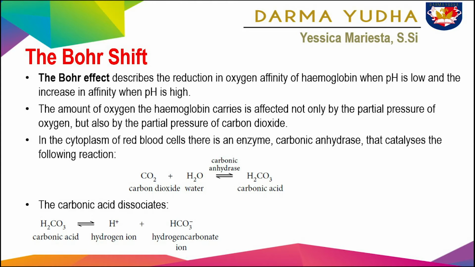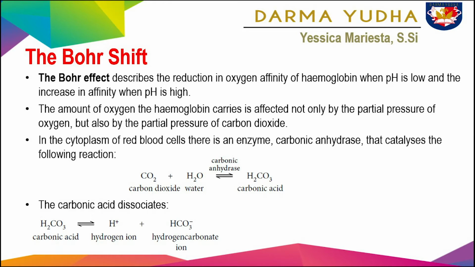Carbon dioxide is continually produced by the respiring cells, from metabolism. It diffuses from the cells into the blood plasma, from where some of it diffuses into the red blood cells. In the cytoplasm of the red blood cells, there is an enzyme, carbonic anhydrase, that catalyzes the following reactions.